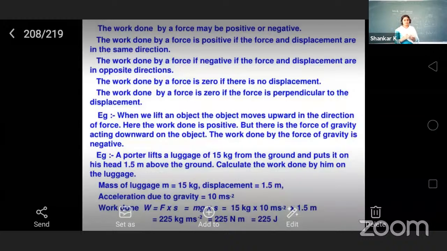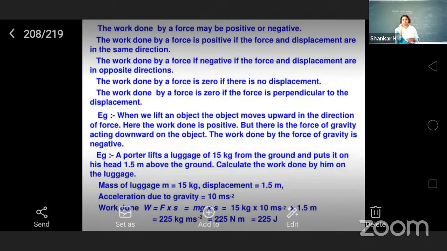When we lift an object upward, the work done is positive. There is a force of gravity acting downward on the object. When you lift an object from above and release it, the object moves downward and falls on the earth.